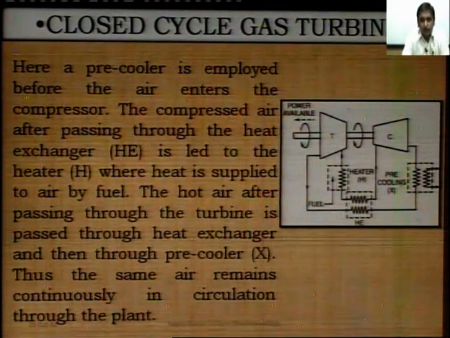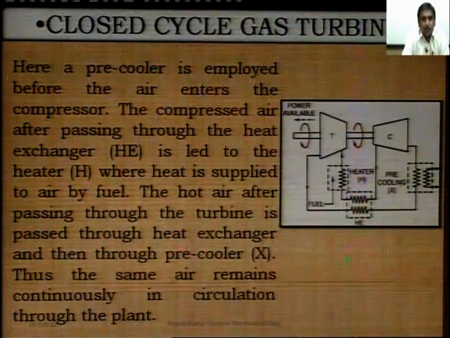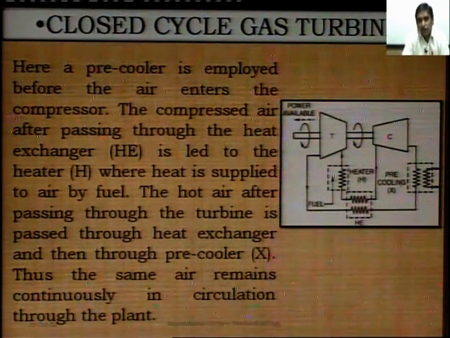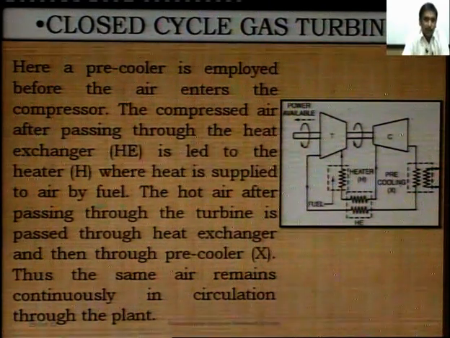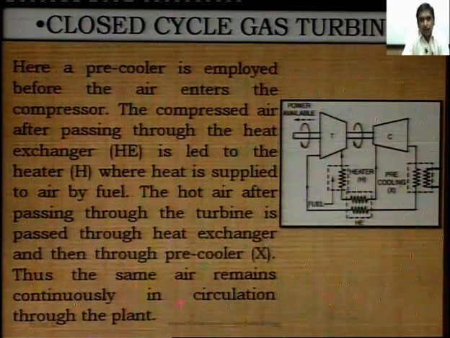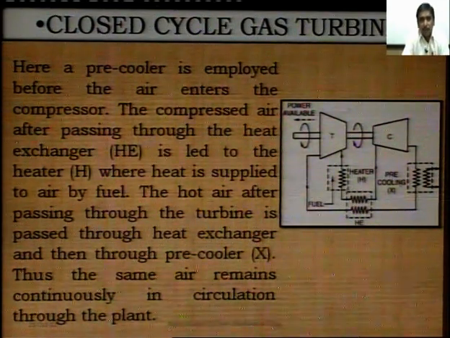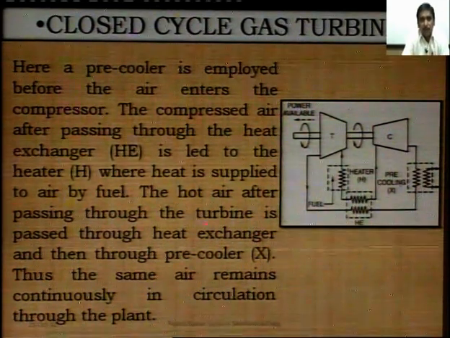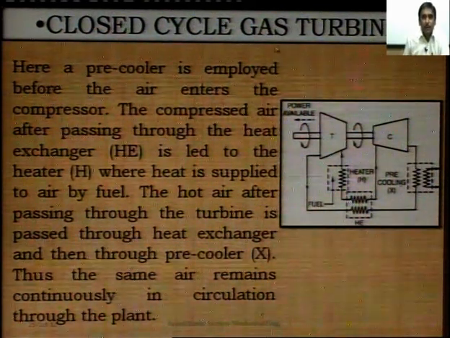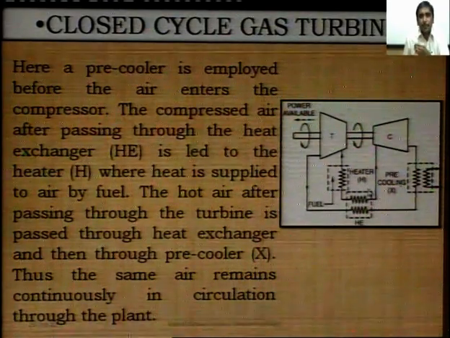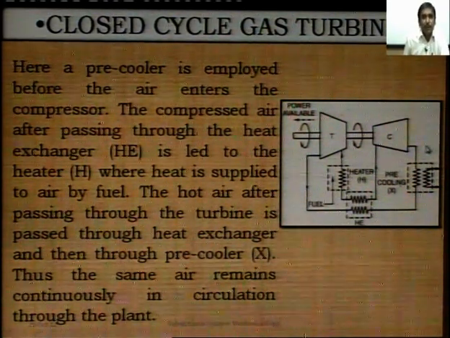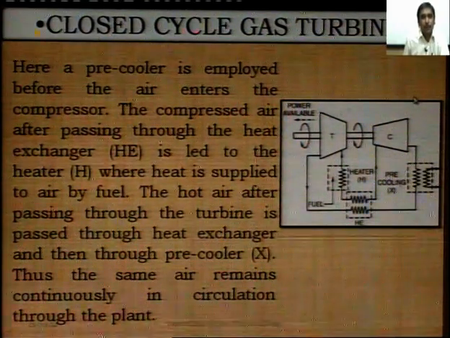Next is closed cycle gas turbines. Here a pre-cooler is employed before the air enters the compressor. The compressed air after passing through the heat exchanger is led to the heater H. This is heater H, where heat is supplied to the air by fuel.